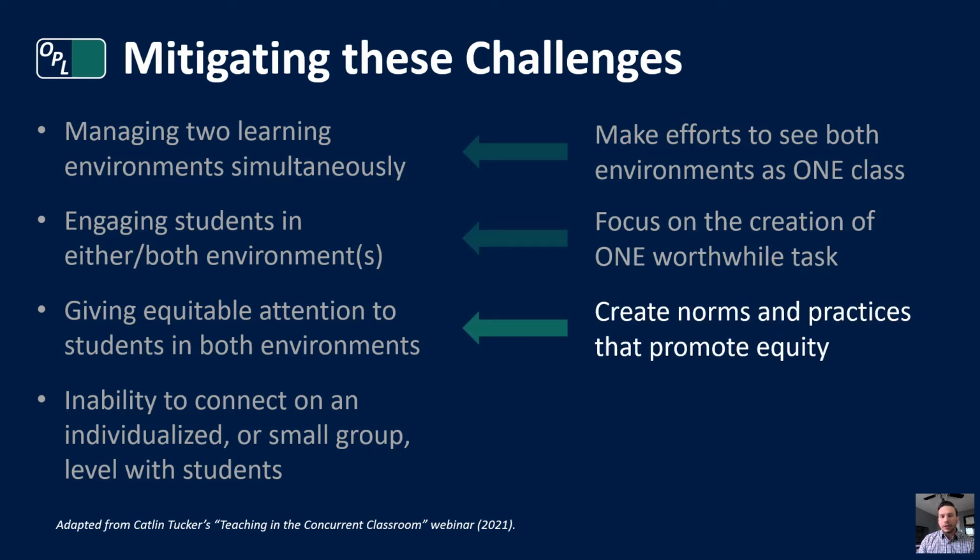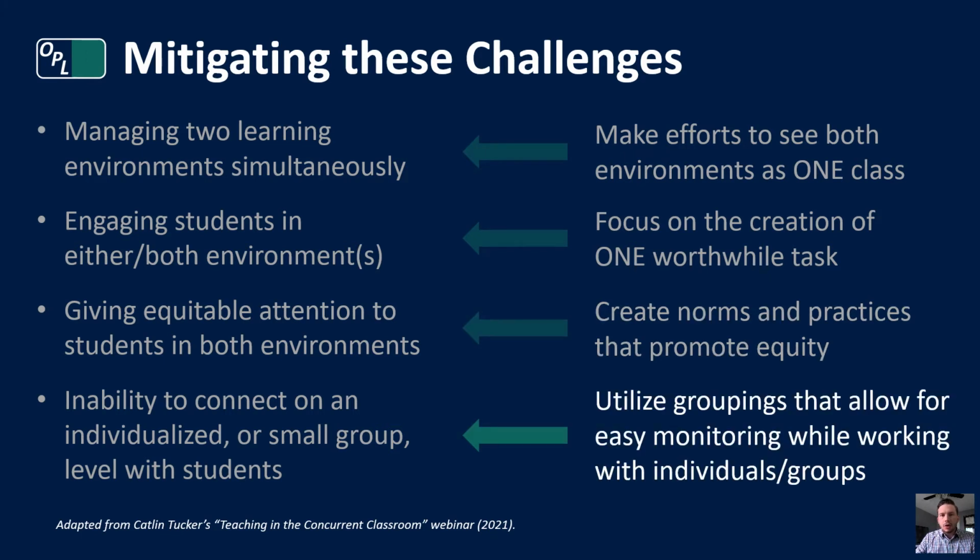The third is creating norms and practices that promote equity. And there's a lot that can be done here, such as having students be helpers when they're in the classroom to make sure that questions being asked online are being fielded in real time and other things like that. We'll get into those in a second. And lastly is utilizing groups that allow you as the teacher to easily monitor both the in-person and the virtual students at the same time.